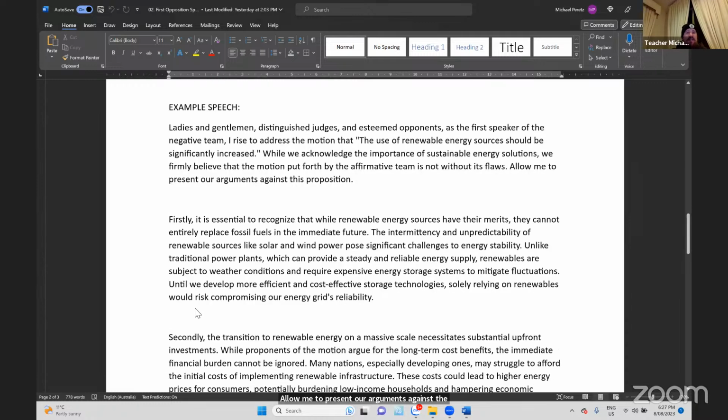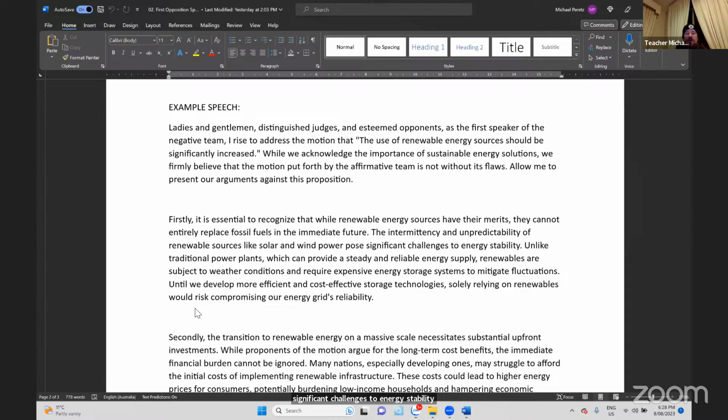Firstly, it is essential to recognize that while renewable energy sources have their merits, they cannot entirely replace fossil fuels in the immediate future. The intermittency and unpredictability of renewable sources like solar and wind power pose significant challenges to energy stability.